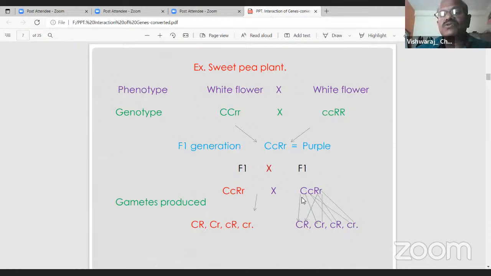Four types of gametes are produced: capital C capital R, capital C small r, small c capital R, and small c small r.